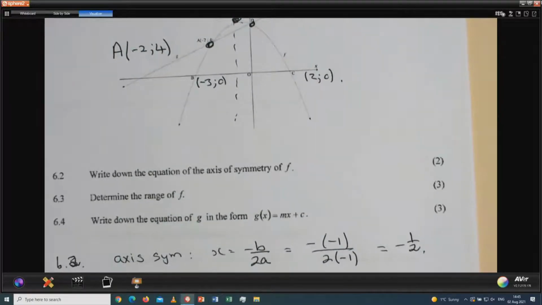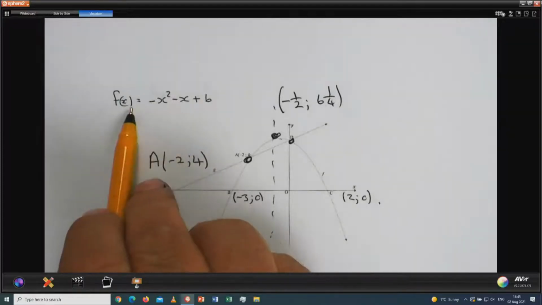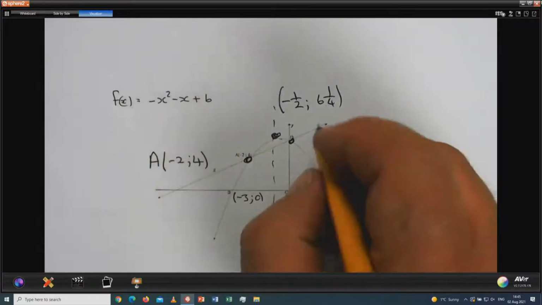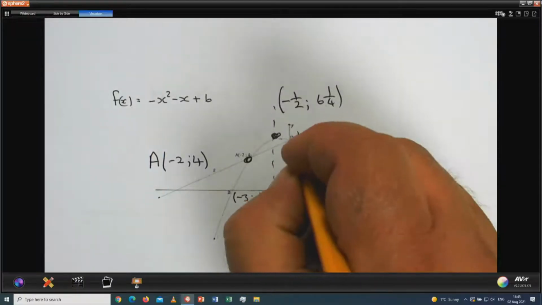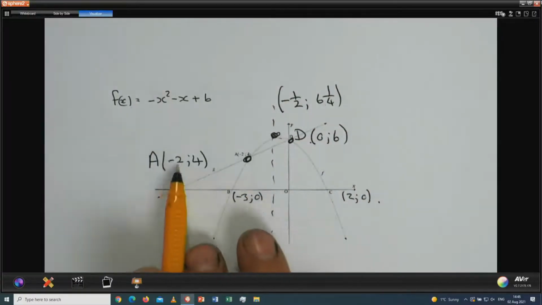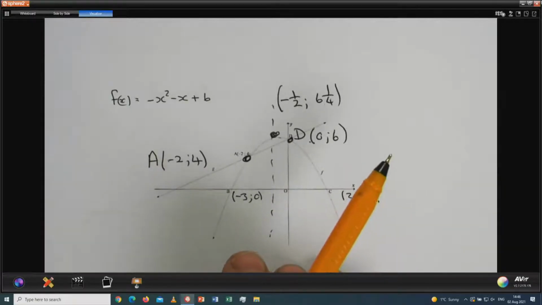If we use this formula here, and if x is 0, then y is equal to 6. So this point here is (0, 6). That's the point D. So now we've got two points. Now we need to find the equation of the straight line.